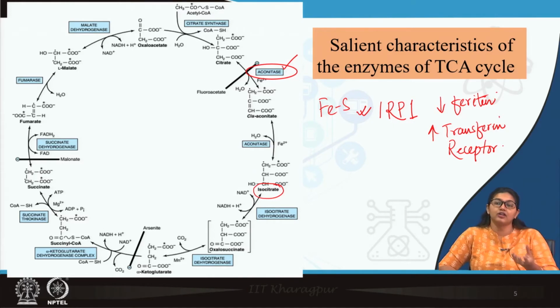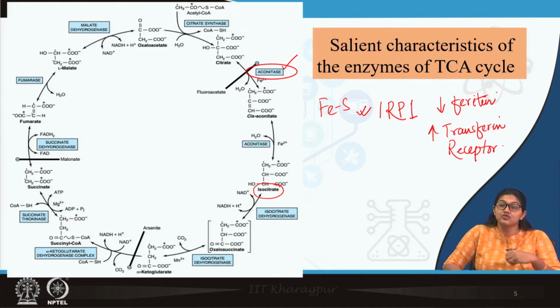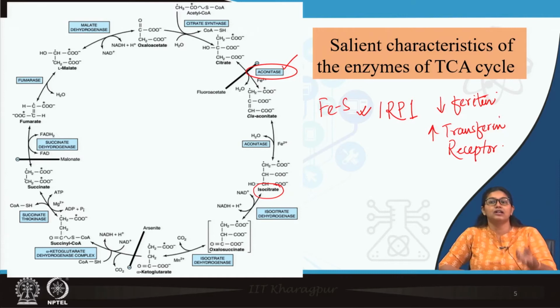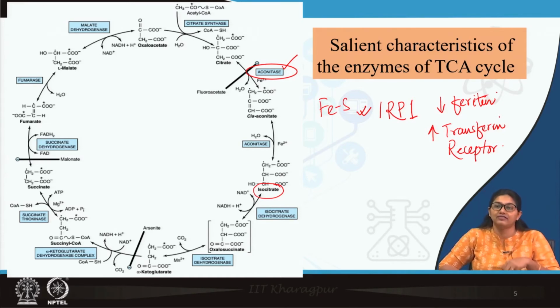Ultimately there will be an increased iron concentration within the cell, which will help to reform the iron sulfur center of aconitase. So the apoaconitase will form aconitase, the active enzyme. Basically, it is regulating its own activity by modulating the concentration of iron in circulation.